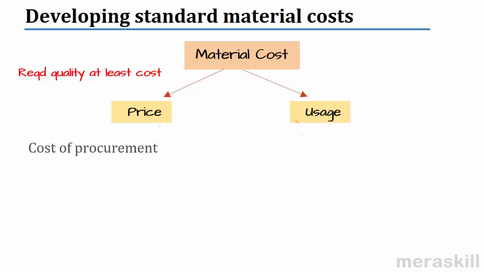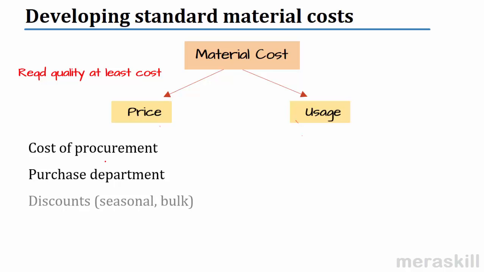What is required is the required quality of the material we need at the least cost. The price consists of the cost of procurement, the purchase price, the cost of purchasing, which normally the purchase department may be involved with.